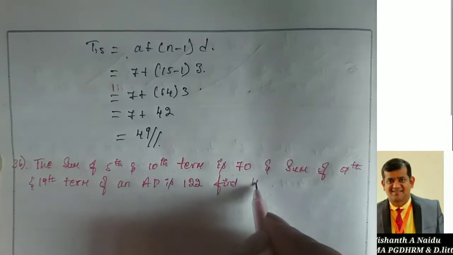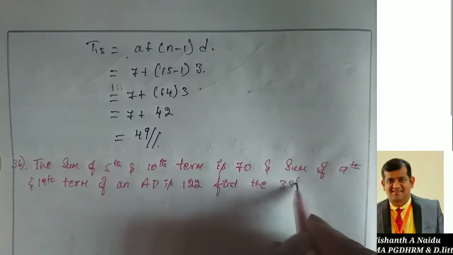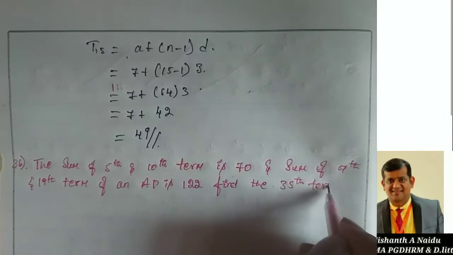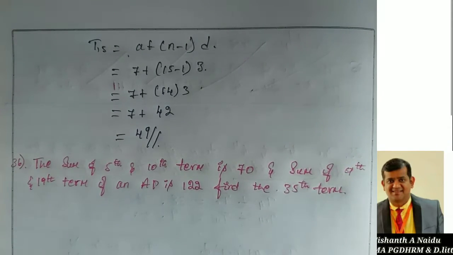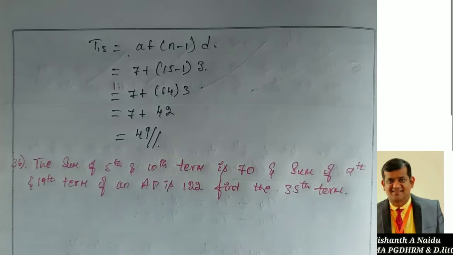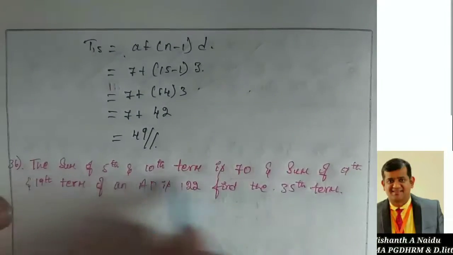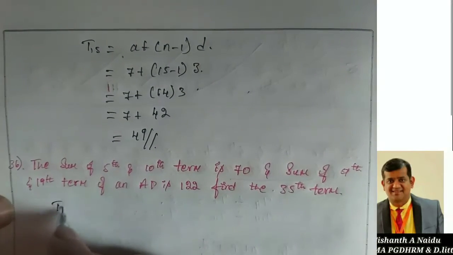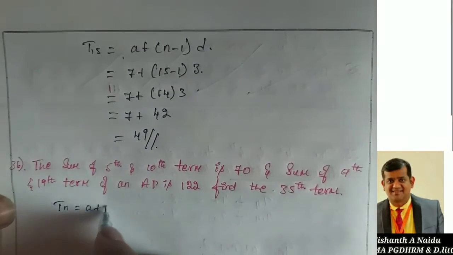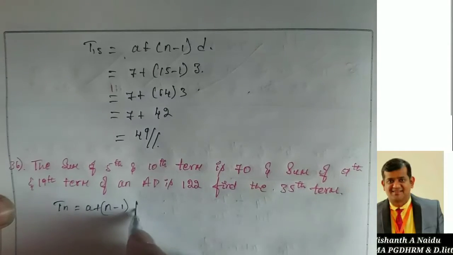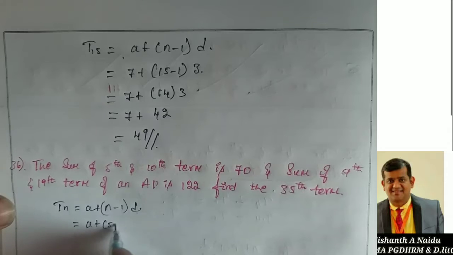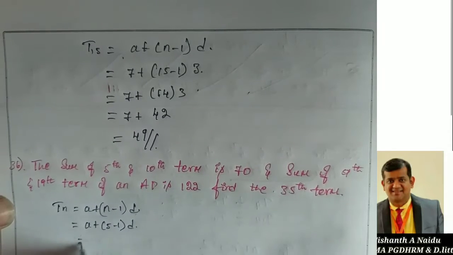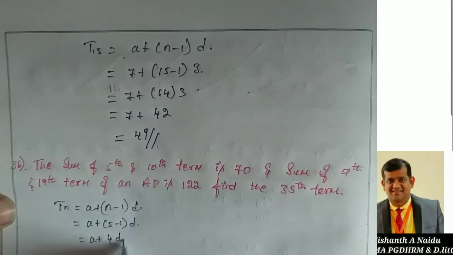Find the 35th term. So now again we have to find the solution for this. You know that, right? First equation, let us form with the help of Tn equals a plus n minus 1 into d. The fifth term you have to find: a plus 5 minus 1 into d, that equals a plus 4d.